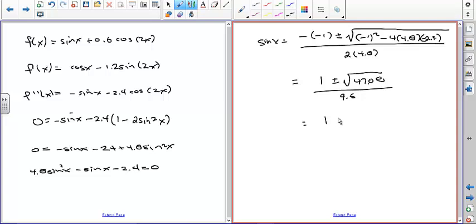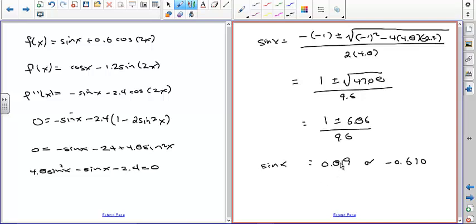So you get 1 plus or minus 6.86 divided by 9.6. Plus 1 divided by 9.6 is 0.819, or negative 1 plus 1 minus 0.686 divided by 9.6, which is negative 0.610. So that's the sine of x.